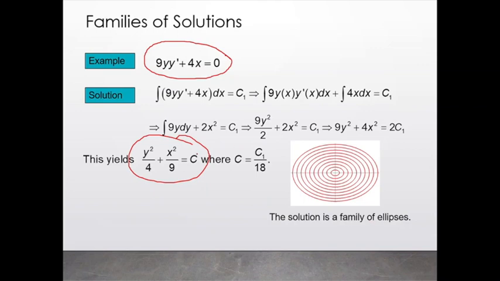Because we have a known c, the ellipse may have different values for its minor and major axis.